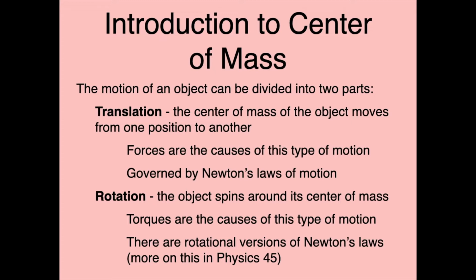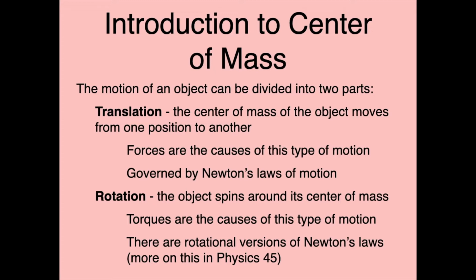Another type of motion that we need to consider is rotation. The object isn't necessarily going anywhere, but it's spinning around its own center of mass. What you need to cause something to rotate is a torque. Torques are kind of like force, but for rotation.